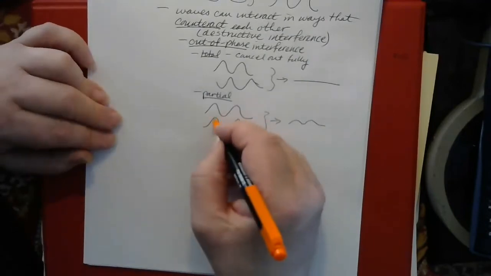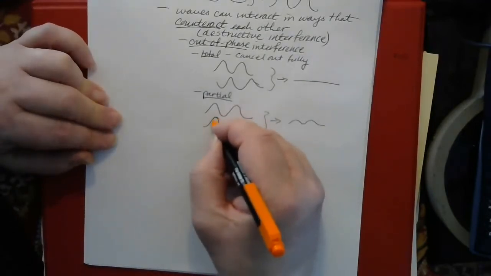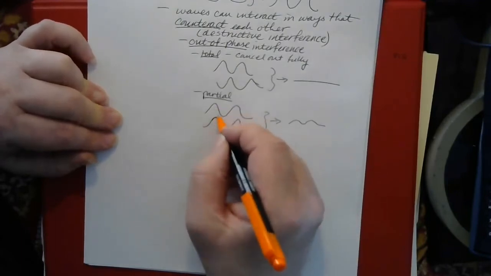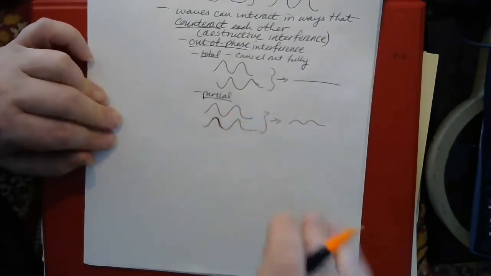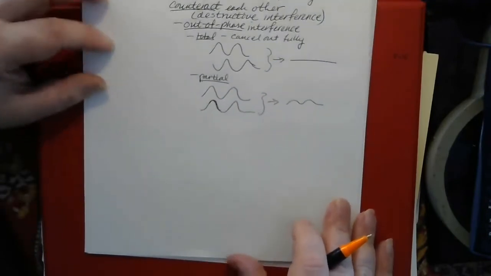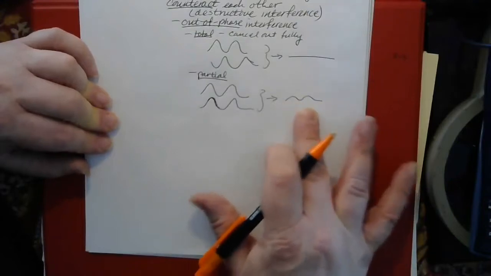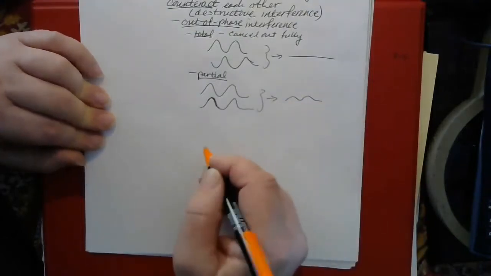They're kind of off kilter relative to each other. I'm trying to make it look like they're a little more out of phase than they were originally. Okay, so that would be like a partial out of phase or destructive interference.